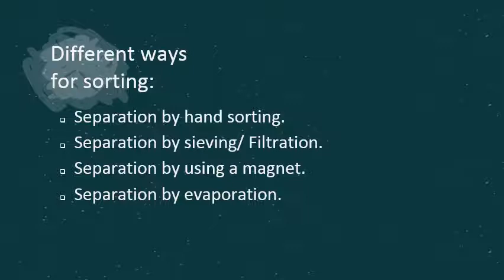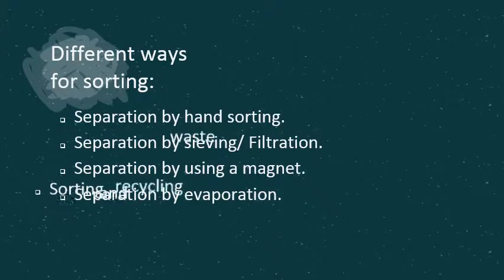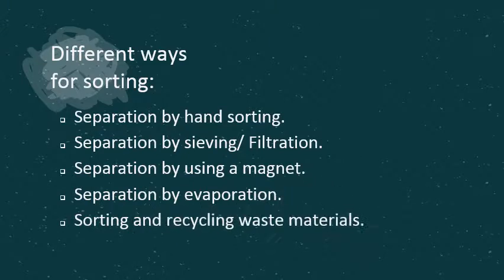You can do that by evaporation. And then the last one is sorting and recycling waste materials. Okay, so for today we are going to look at separation by hand sorting.